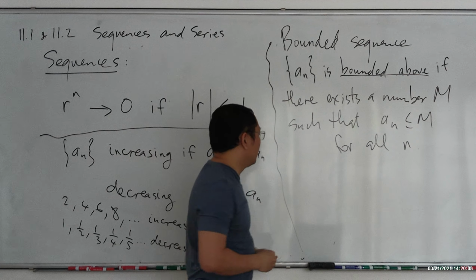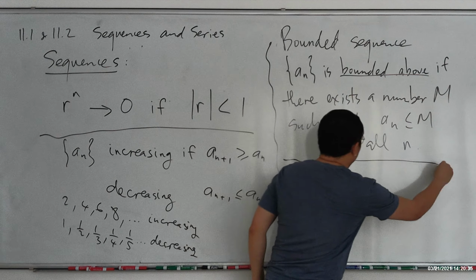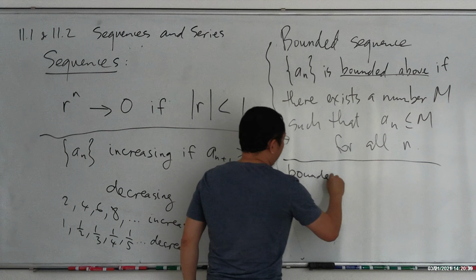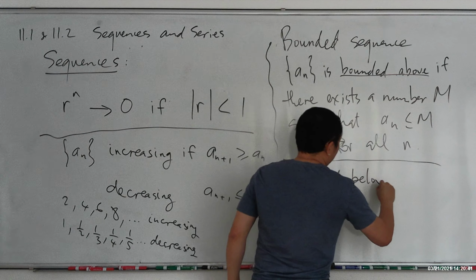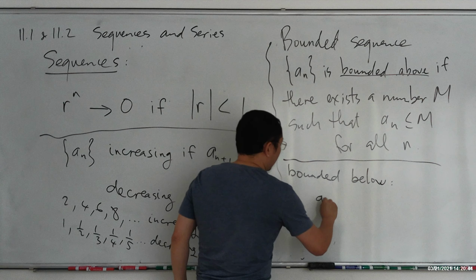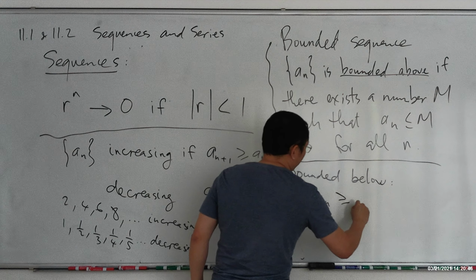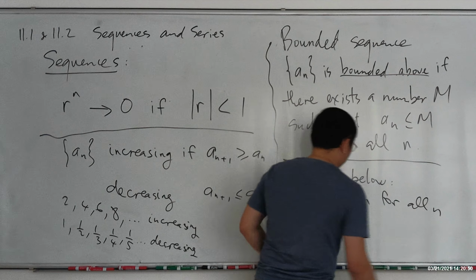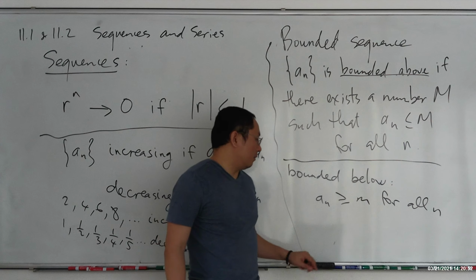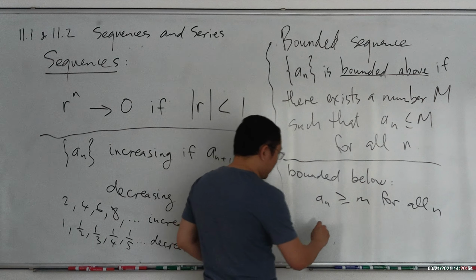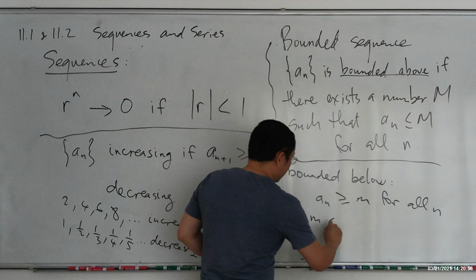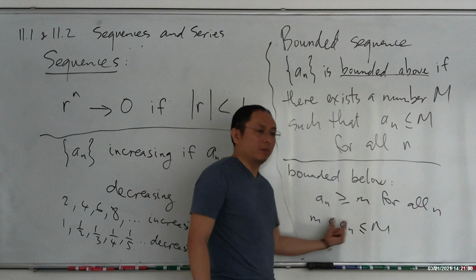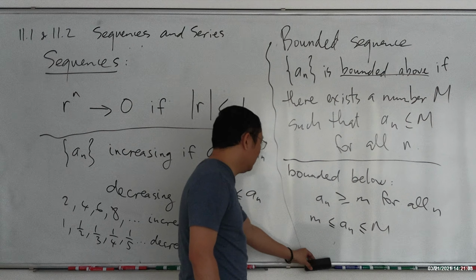So let me write it down. Bounded below. Same thing: an is greater than or equal to some small m for all n. Right? So all the terms are bigger than the number. Okay? And of course, if this is happening, little m is less than or equal to an, less than or equal to big M, and we say this sequence is bounded above and below.